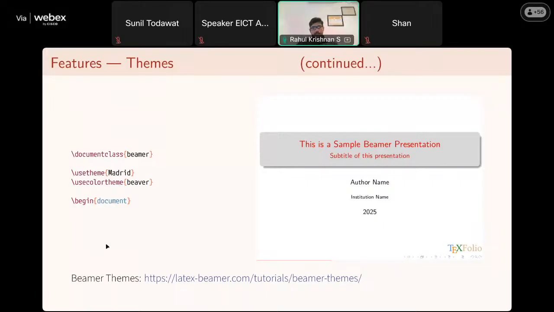The themes can be checked from this website, https://latex-beamer.com/tutorials/beamer-themes. This is the website, and you can check out and use the names of the themes inside this use theme command. It will instantly change the output, and you can verify it.